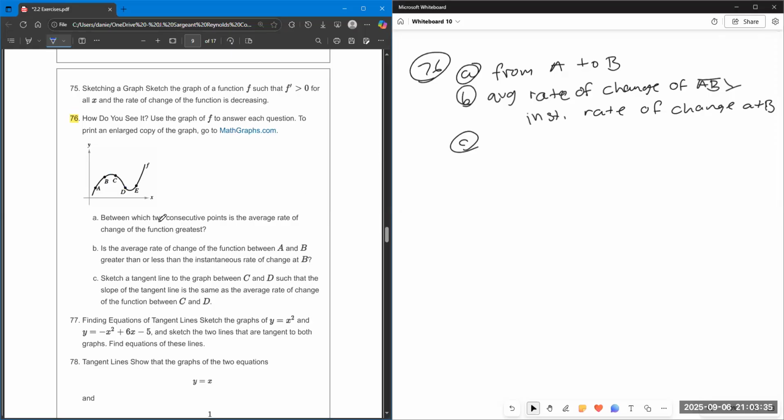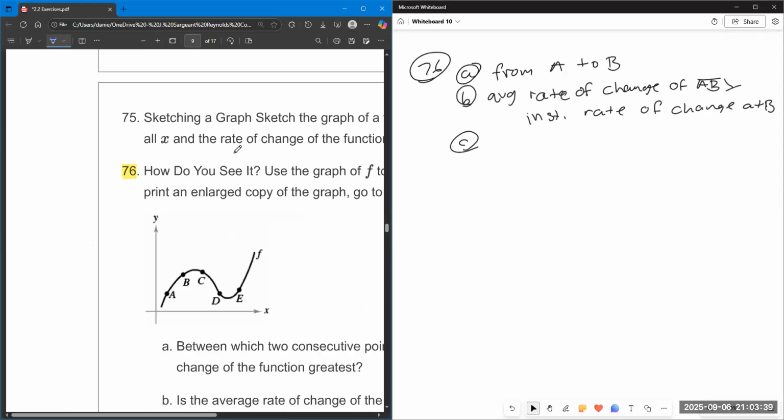If I could zoom in on this a little bit to show you what they're trying to ask you to do, we could draw this secant line right here from C to D, and somewhere in between there is a point of tangency that's parallel to that.